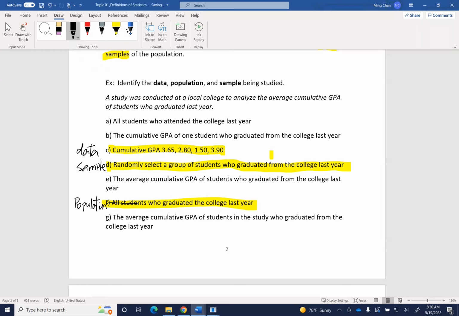Again, the average cumulative GPA of students in the study who graduated from college last year is referring to all the students. So when we take samples, we want to randomly select a group of students who graduated college. Some of these choices are very close, so you have to pay a little more attention. I know this average cumulative GPA can throw students off, but the sample is within the population.